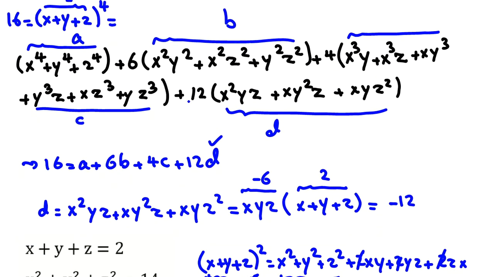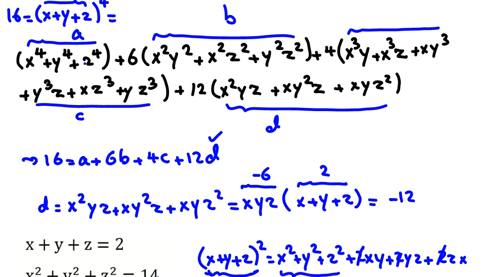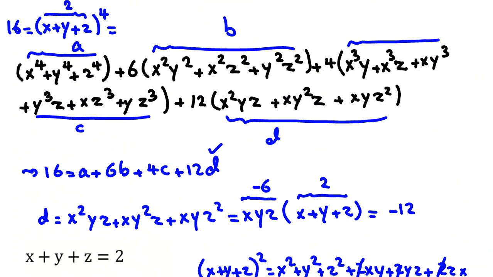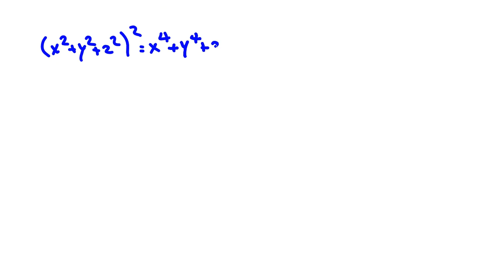Now let's focus on what other parts we can find, or let me write another thing for you. Because look, we should work with x squared, y squared, something like this. I say x squared plus y squared plus z squared squared will be x to the 4 plus y to the 4 plus z to the 4, plus, by the identity I told you in the beginning of the video, 2x squared y squared plus 2x squared z squared plus 2y squared z squared.